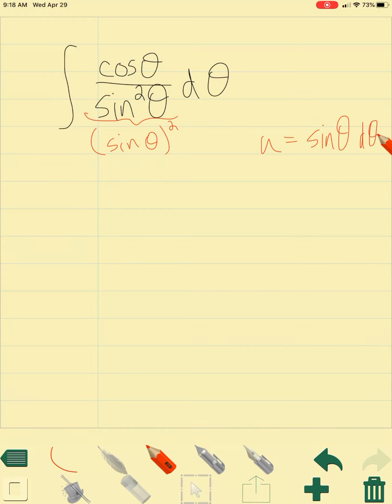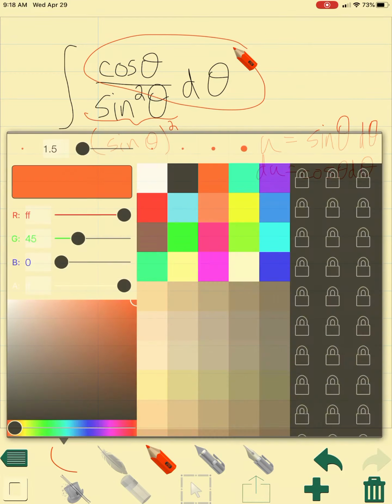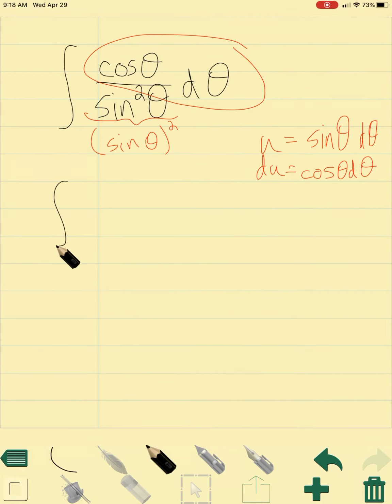And especially with trig functions, you usually want to use the value that has the largest exponent with it. So here we have the squared. Just a little tip as you go through and do it. But then our du would equal the cosine of theta d theta, which is nice because we have that right there.